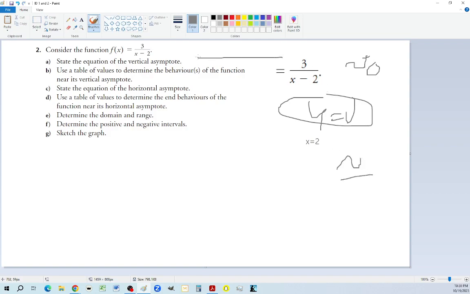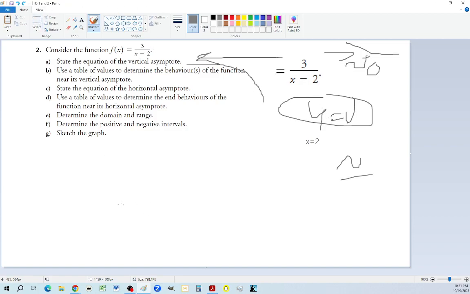That means as we go to the left, it's going to be rising up to 0, and as we go to the right, it's going to be coming down to 0. That is simply because one is positive and one is negative. So that's what a table of values would show.